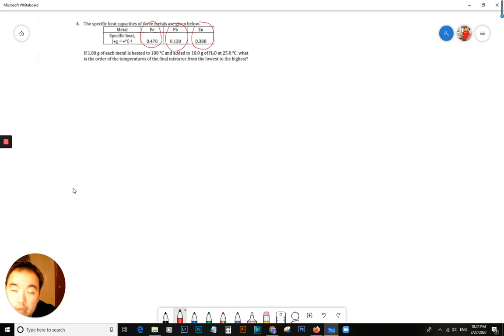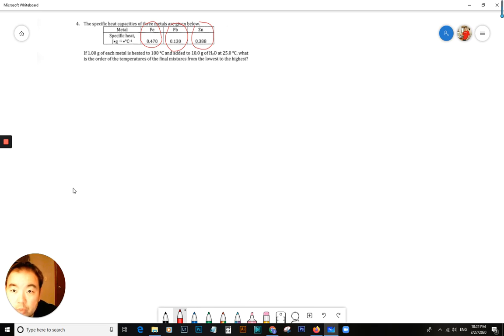Okay, to solve this problem, we need to remember some things. When the metal is put into the water, the temperature of the metal will go down, and the temperature of the water will rise. So the heat energy of the metal is decreasing, while the heat of the water is increasing.